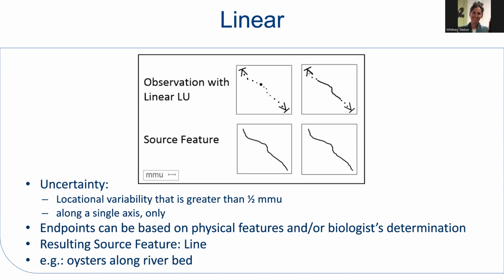The resulting source feature in this instance is going to be linear, and the locational uncertainty type is going to be linear. The resulting source feature is going to be line. So an example of this would be oysters along a riverbed. And so what is mapped as the source feature would be that section of the riverbed in which the oysters were observed.